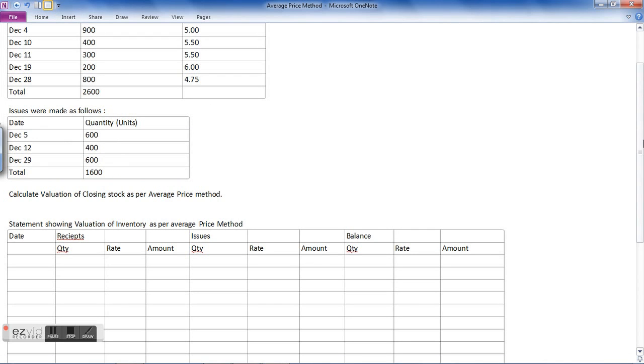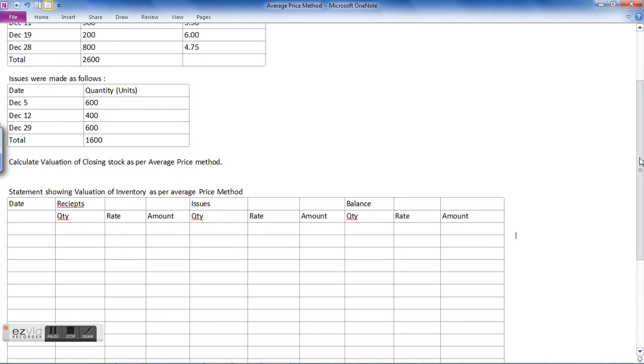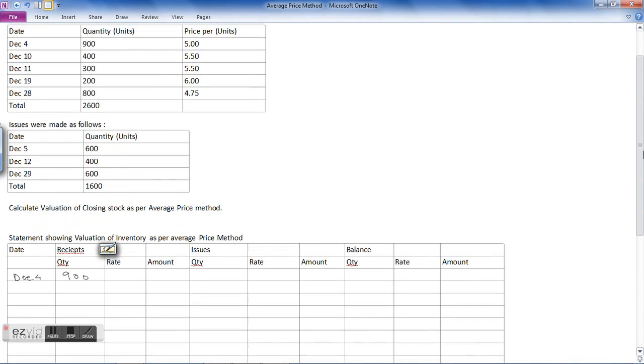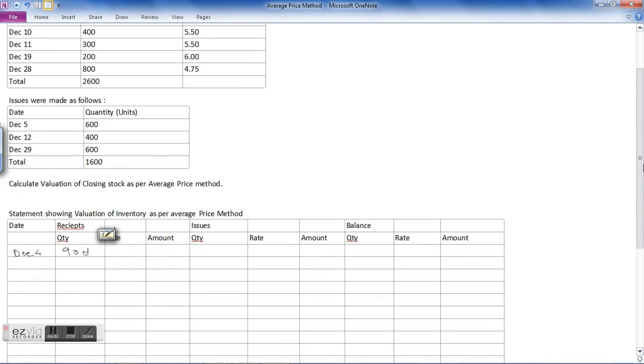Now the first transaction, December 9. I'm sorry, it's December 4. 900 units are purchased. And what is the rate? 5 rupees.